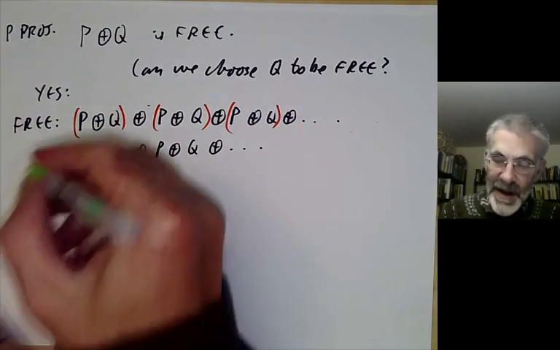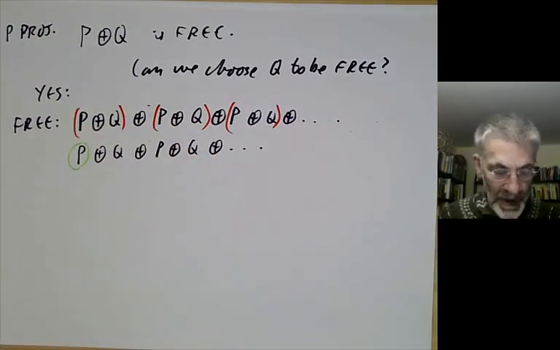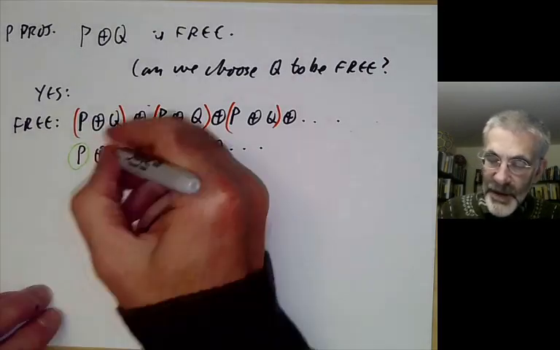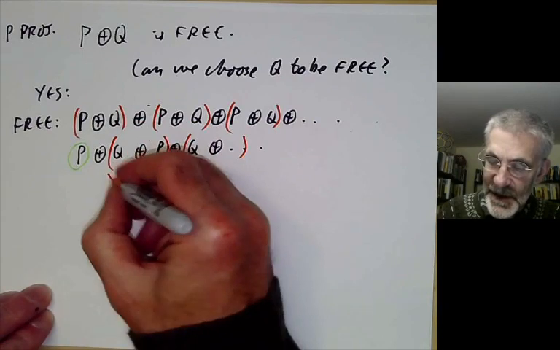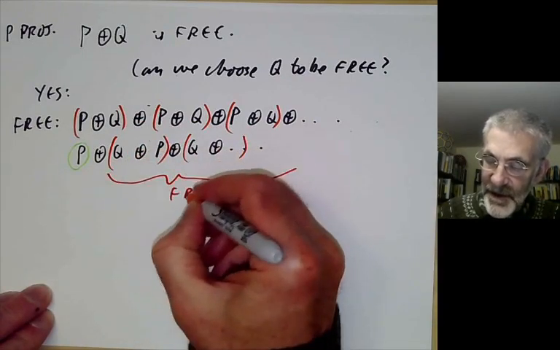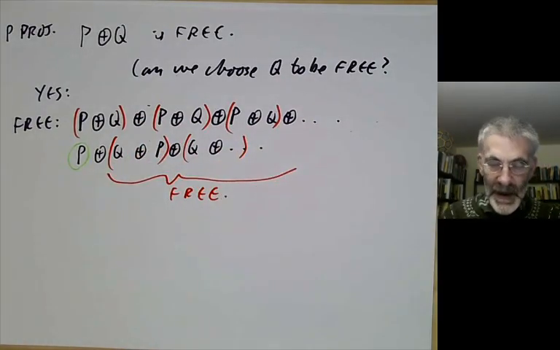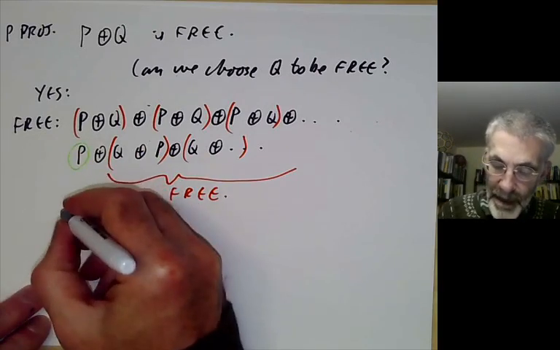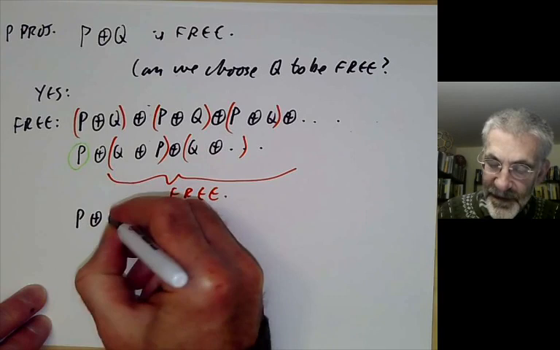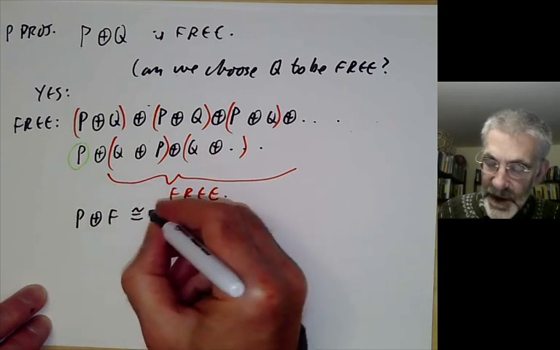Here we've got P, and here we've got Q plus P, which is free, and here we've got Q plus P, which is free, and so on. So this is also a free module. So in fact, we've found a free module F such that P plus F is isomorphic to F.